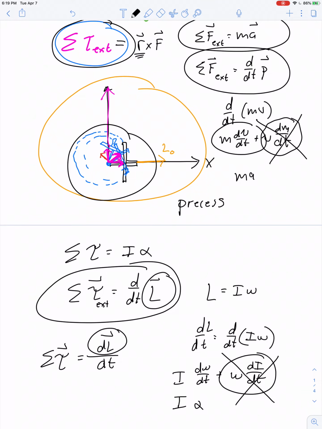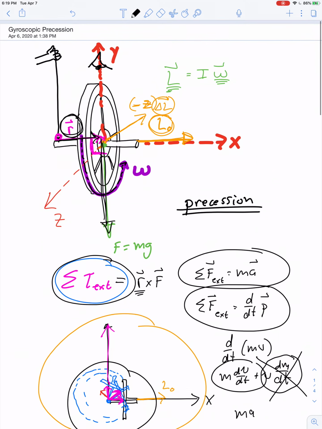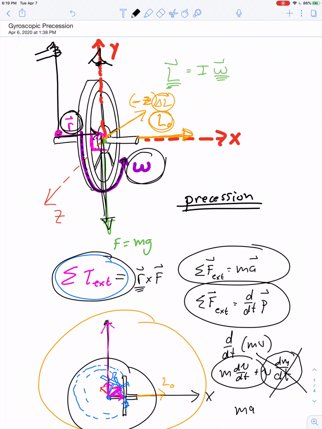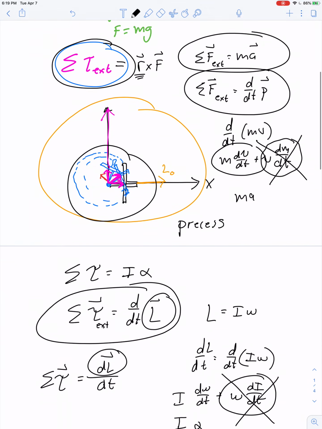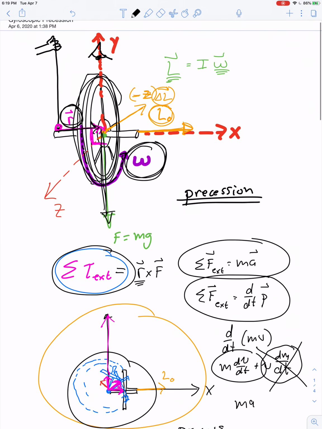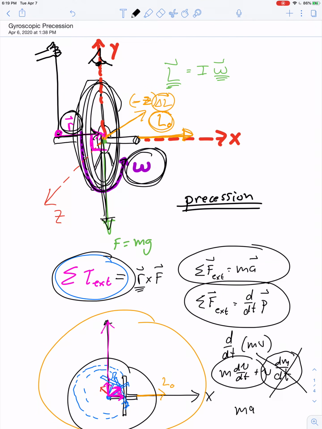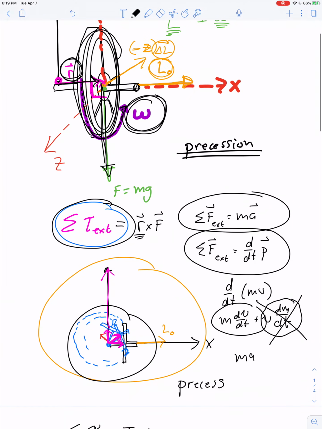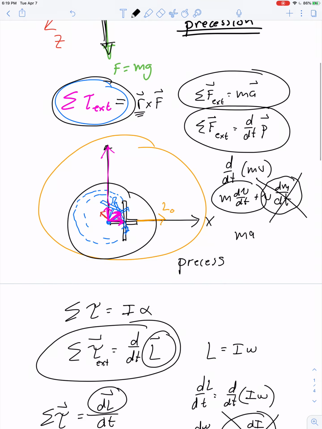So what we want to figure out is another value of omega. Lowercase omega represents the number of RPMs with which the bike wheel is spinning, but then at the rate it's spinning on its own axis. But then we want to know at what rate does this precess around the string.